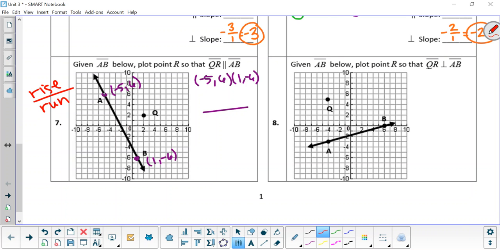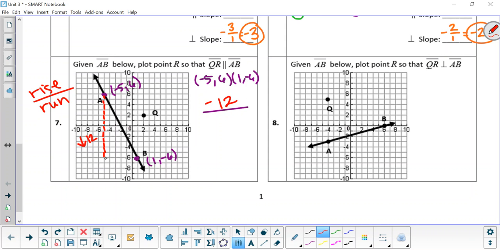So rise over run, we start with the point that's closest to the left. So in this case, it's A. So our rise, we go down 1, 2, 3, 4, 5, 6, 7, 8, 9, 10, 11, 12. So we went down 12. So my rise, since we went down, is a negative.